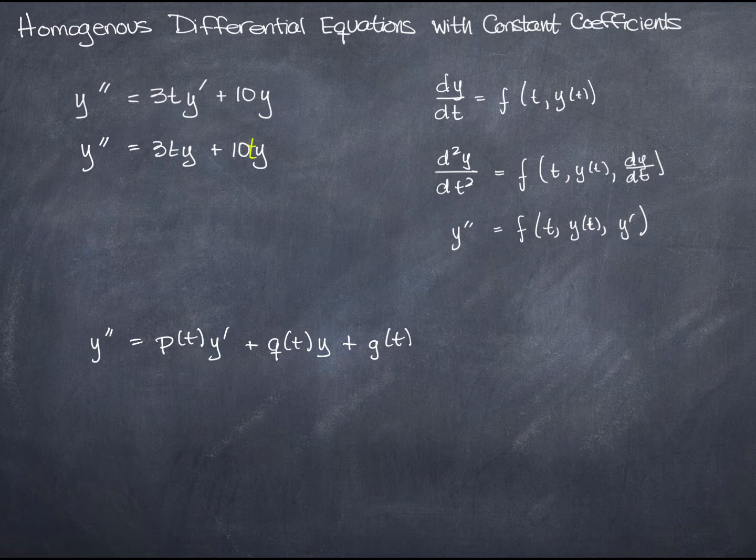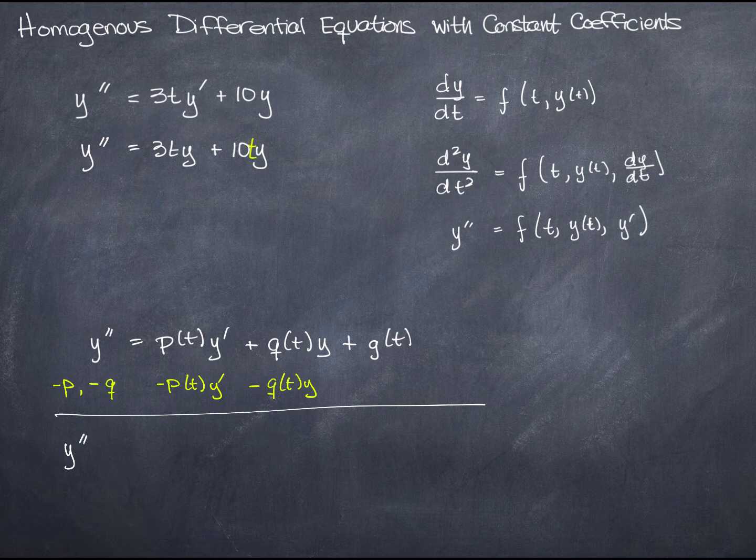The other thing I'm going to do now is subtract this term, and I won't subtract that term from both sides, which gives me the same equation in a slightly different form. Actually, it's going to be minus p of t y prime minus q of t y equals g of t.